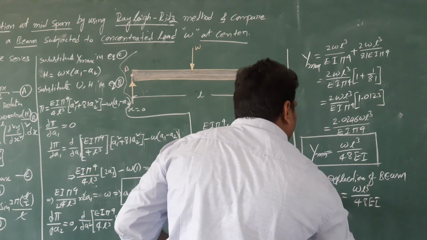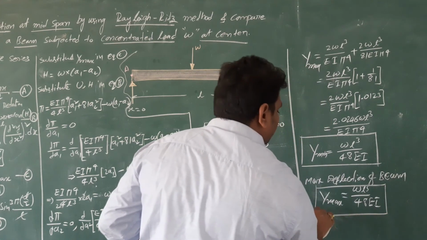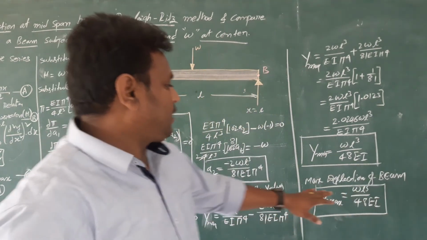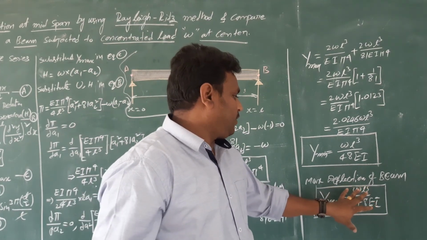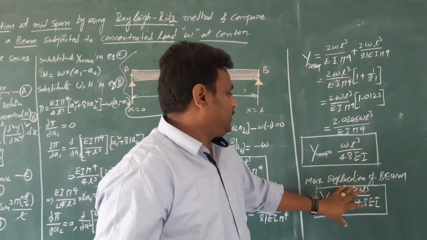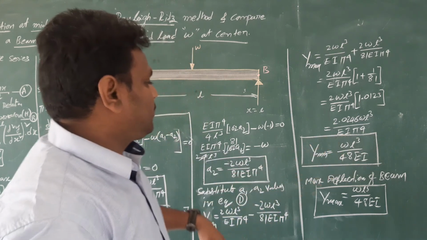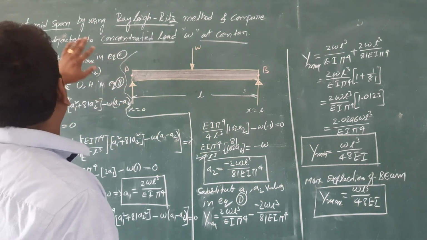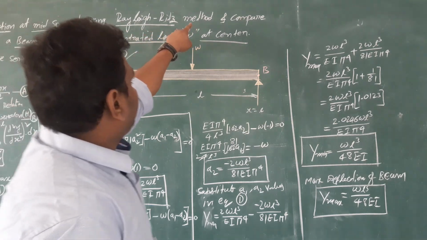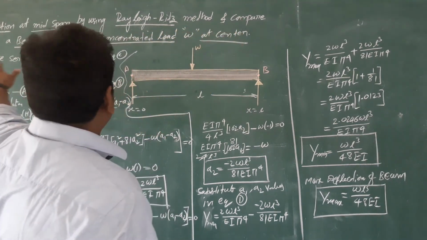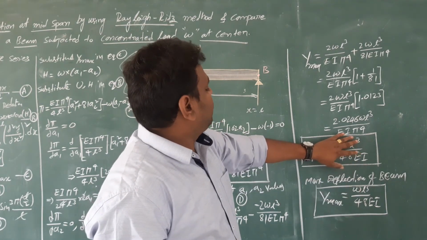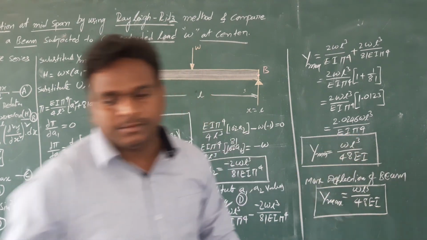This is the actual equation, compared with this exact solution. Here it asks us, subjected to concentrated load, to compare the method with the exact solution. This is the exact solution. This is our Rayleigh method derivation.